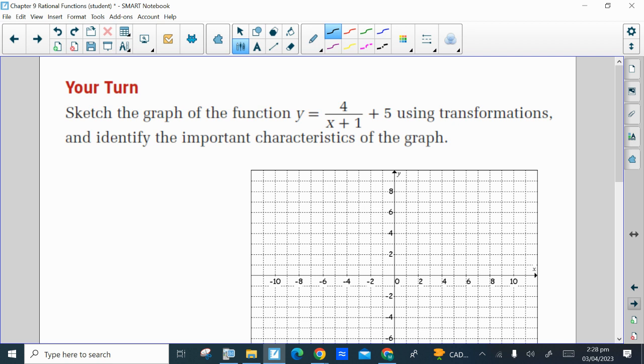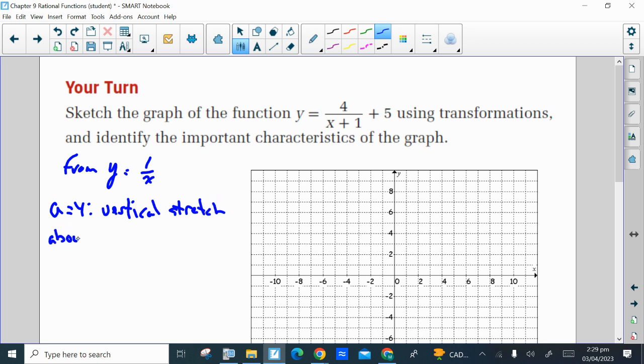So again, this would be a transformation of y equals 1 over x, where we have an a value of 4, which is a vertical stretch about the x-axis by a factor of 4. We have an h value of negative 1, but whatever happens to the x happens to the x minus h.